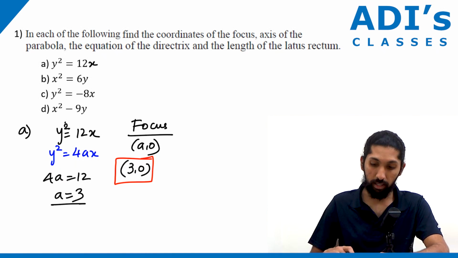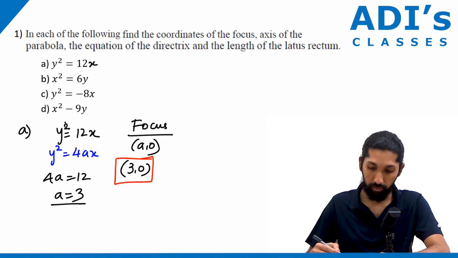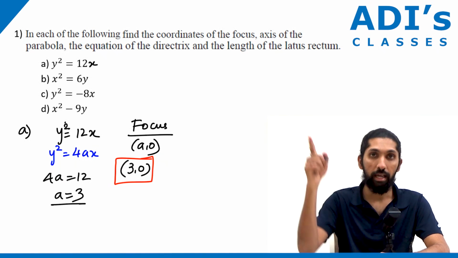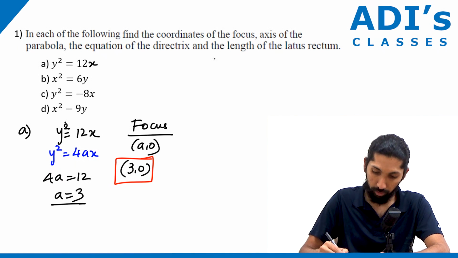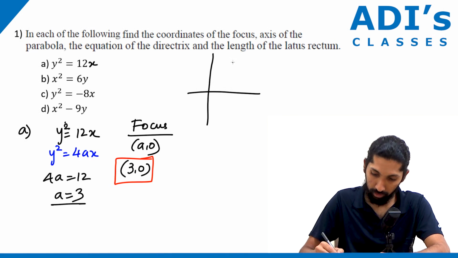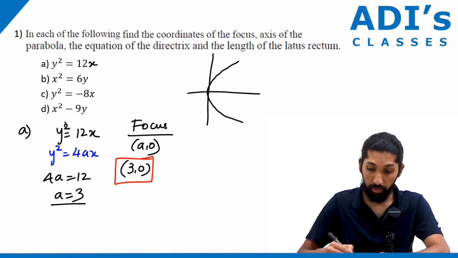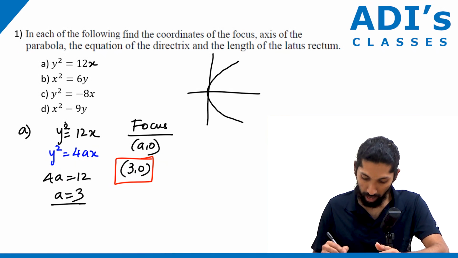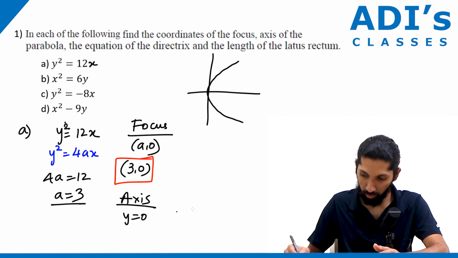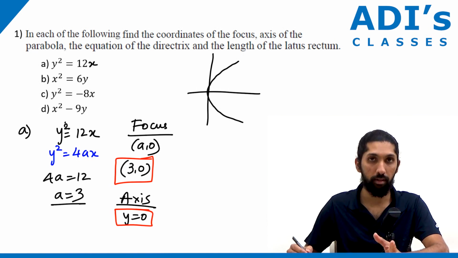The next one they're asking is the axis of the parabola. y square is equal to 4ax is a right opening parabola, isn't it? When we draw the graph, it looks something like this, y square is equal to 4x. What is the axis? X-axis, isn't it? So the axis of the parabola is y is equal to 0, which is the equation of the x-axis. Correct?